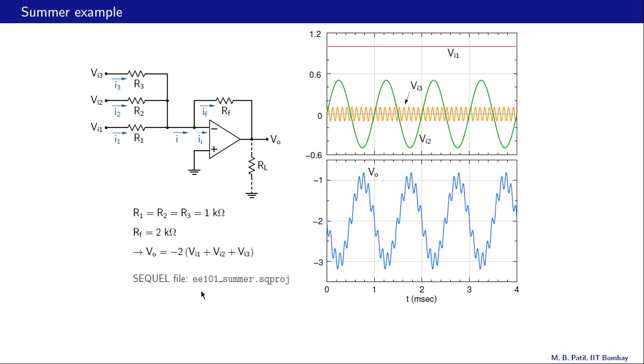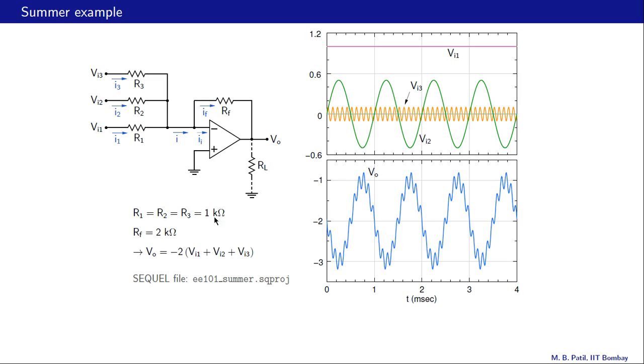Here is an example. The circuit file is also available, so you can check out this simulation and change the input voltages or resistance values and so on. What we have here is 3 voltages, Vi1, which is a constant DC voltage 1 volt, Vi2 is a sinusoid, Vi3 also a sinusoid with a lower amplitude and higher frequency as compared to Vi2.